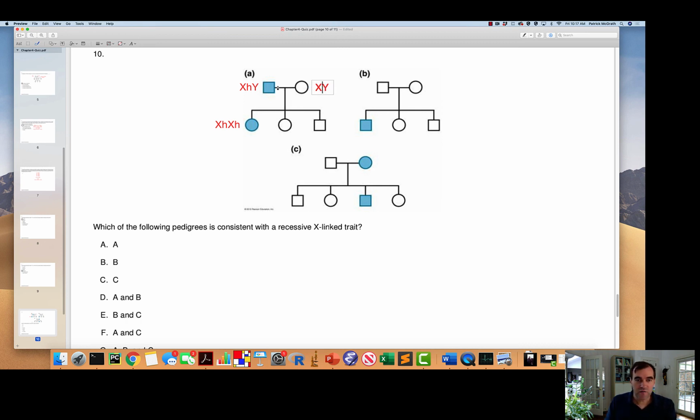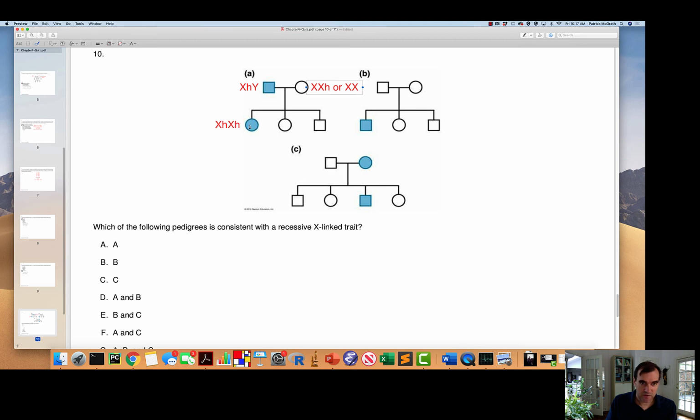All we're doing is following the fact that this male individual has the trait, so they must have the recessive allele on their X chromosome, and then this female does not have the trait, and so she can be this to start out with.